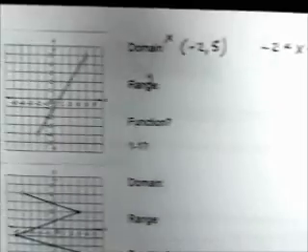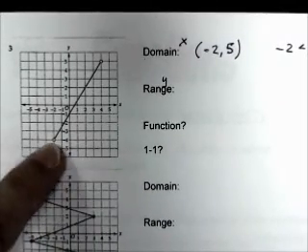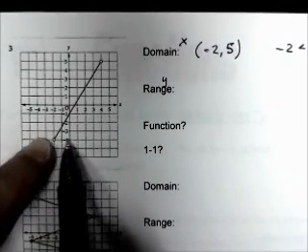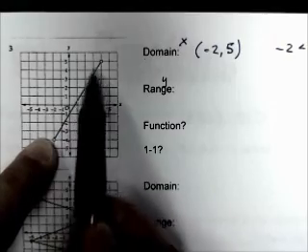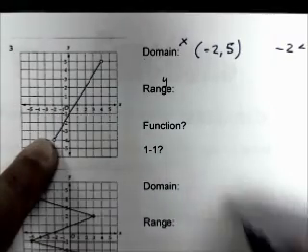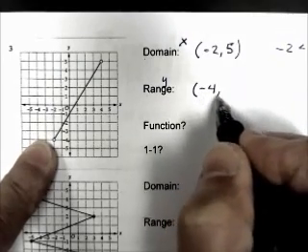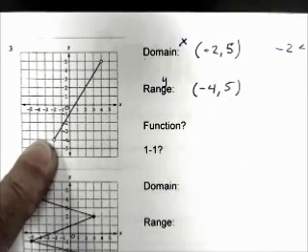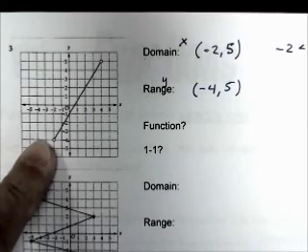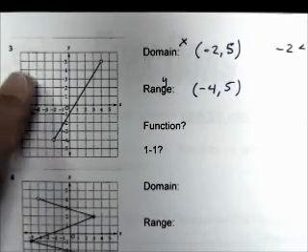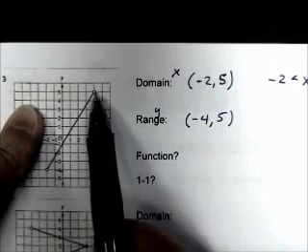Our range, lowest to highest. Lowest point right here, what's the y value? -4. Highest, +5. So that's -4 to +5. Oops. All right, I have to go back and correct my domain, right? It was +4.